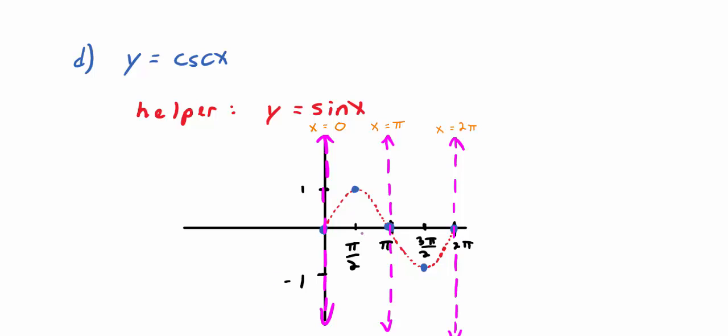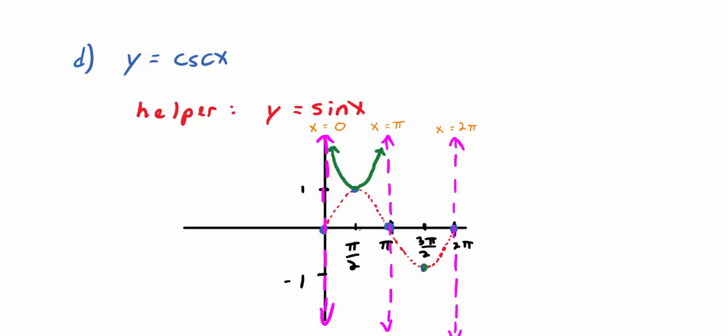And then certainly if pi over 2, 1 is on the graph of sine of x, you take the reciprocal of 1, that same point will be on the graph of cosecant. Reciprocal of 1 is 1. If you plot a few points, convince yourself, you'll get this kind of U shape that approaches the respective asymptotes as it goes to the left and right.